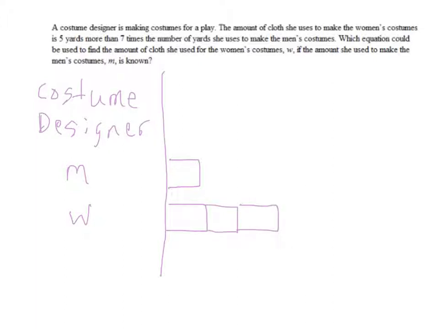I have 7 of these. So because 7 times 1 is 7, 4, 5, 6, 7. So it takes 7 times more yards, and then it also takes an extra 5.